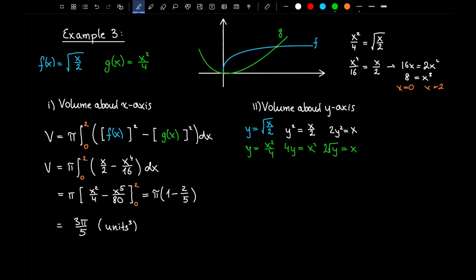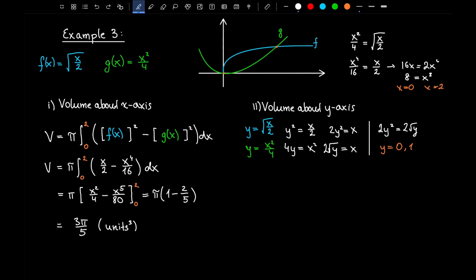However, now we have another problem, because the bounds of the integral are not going to be the same, since now we have new functions in terms of y. Meaning, in order to find the bounds of the integral, I have to first calculate 2y squared equated to 2 square root of y. Now, I think it is pretty obvious that the answers here are 0 and 1.